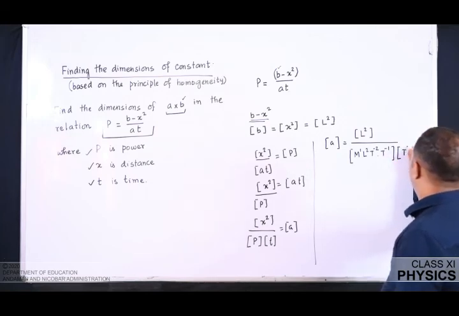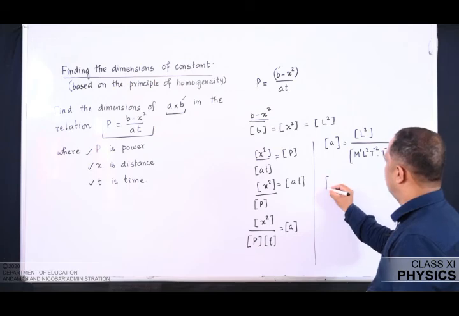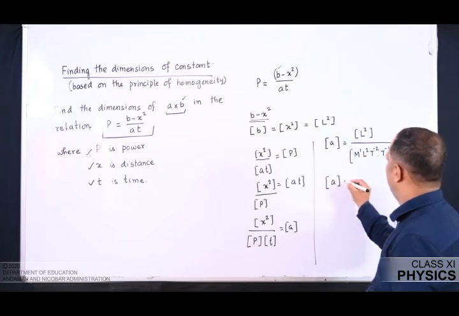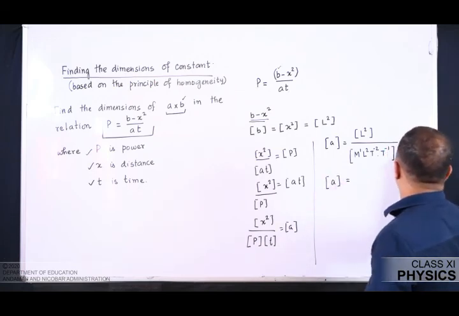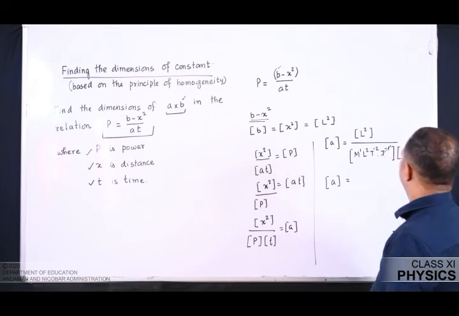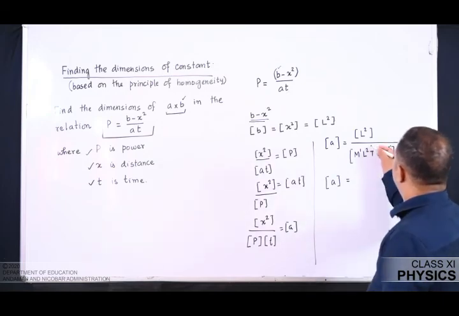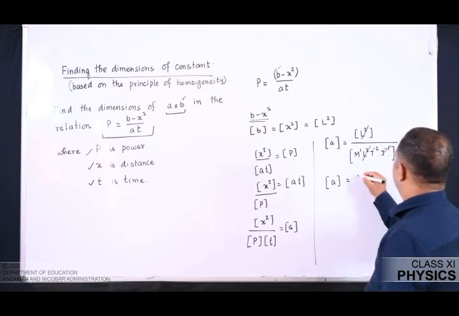So, if I work this out, this and this are gone, and this and this are gone. I am left with m power minus 1, T power 2.